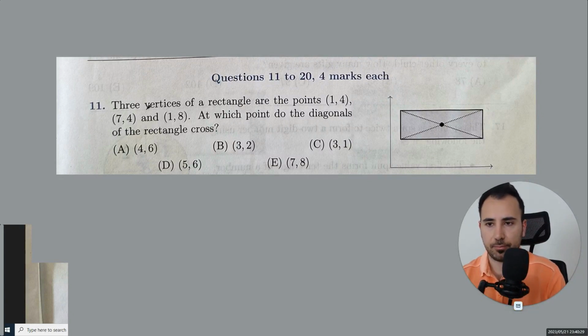If non-natives are watching this, I have a lot of Chinese students, so they would have problems with the words vertices and diagonals. So vertices are the points. Diagonals are these two. And of course they cross, they intersect at this middle point.